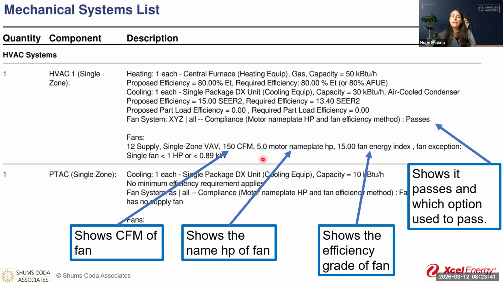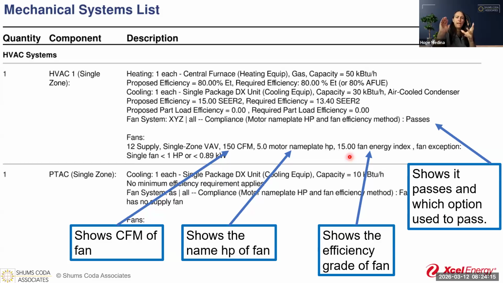The next part right here lets me know that it's a 5 motor nameplate horsepower. So it hits that 5 mark. That's why this is triggered. The next section right here tells me, okay, I have to have the energy efficiency index of what that fan is going to be. And in this instance, it's telling me that it's 15. If it was a fan, it has to have 1.